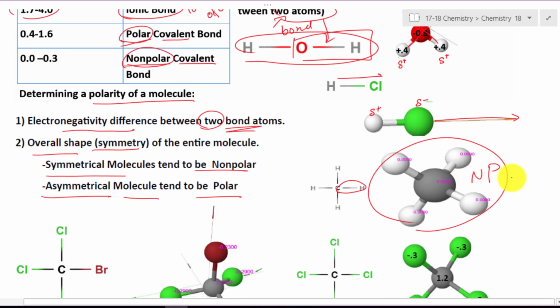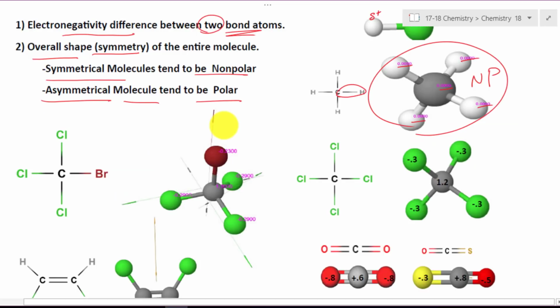NP represents nonpolar. And this 3D structure shows us that it has almost no charges at all, because the difference is so small. So it's pretty easy when you have a simple compound with only 2 atoms, or where the difference in electronegativity is small. We can easily identify if it's polar or nonpolar.